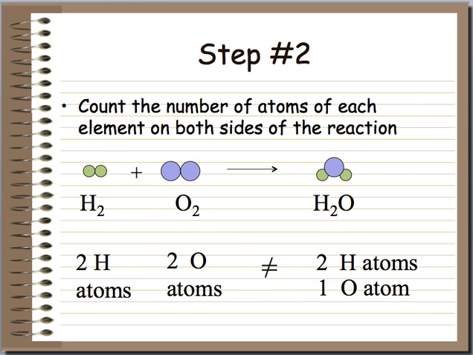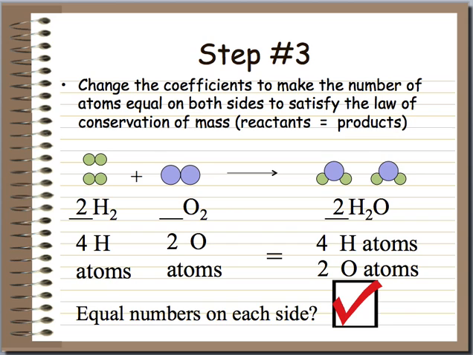And then the third step is where we actually need to use that key word there, coefficients. So we're going to change the coefficients to make the number of atoms equal on both sides. So we satisfy the law of conservation of mass. We need to make the reactants equal the products.